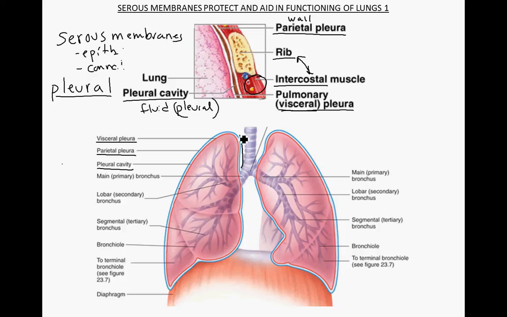Right? So we start here and go all the way around. They're going to go the entire surface. Here they're in contact with the diaphragm, right? And then the heart would be here. Right? And then right here the visceral pleura becomes continuous with the visceral pericardium. We'll show that on another diagram there.